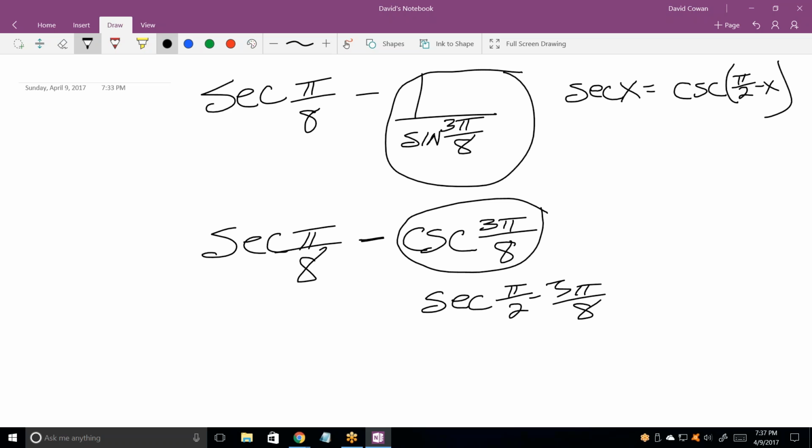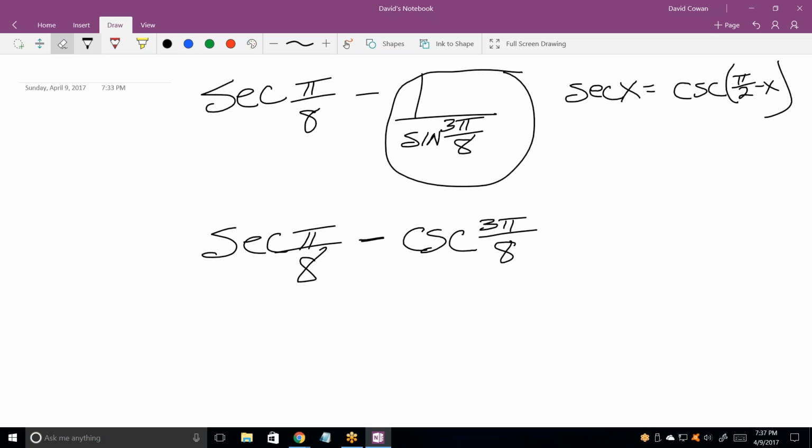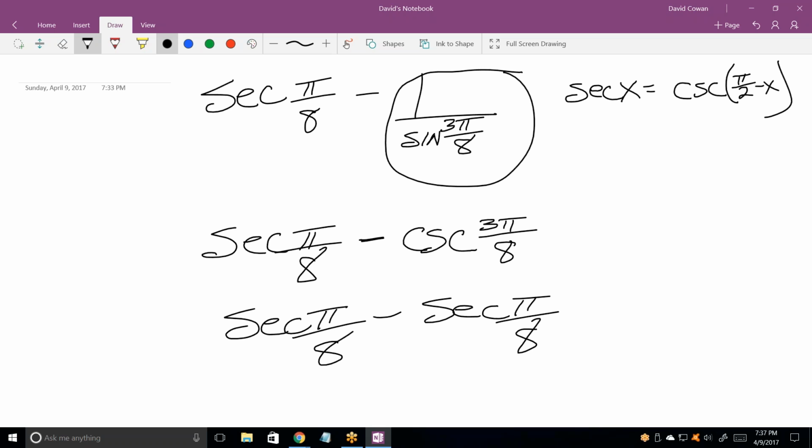In other words, this is 4 pi over 8, and 4 pi over 8 minus 3 pi over 8 is pi over 8. So this whole cosecant thing that I got circled turns into secant of pi over 8. So I have secant of pi over 8 minus secant of pi over 8 equals 0.